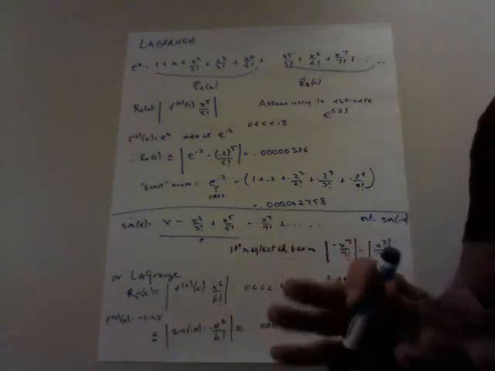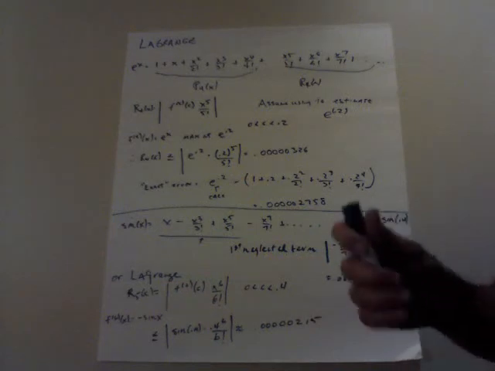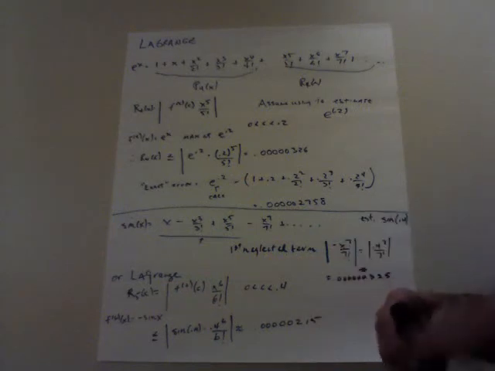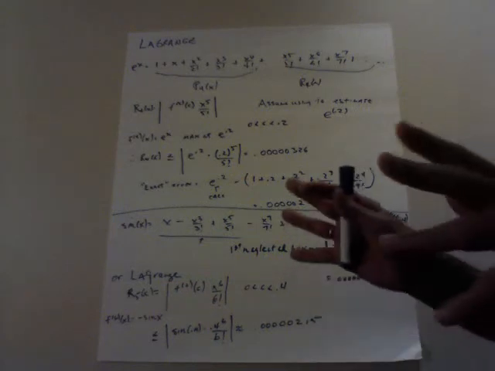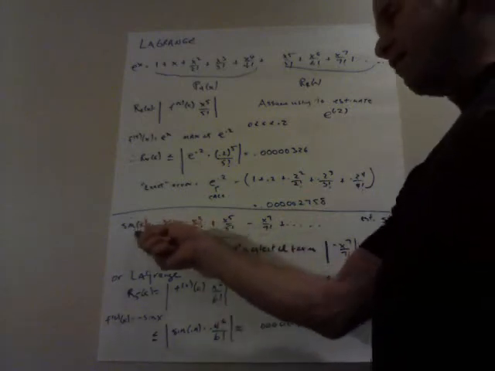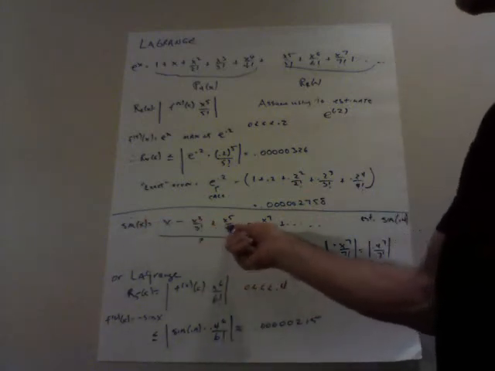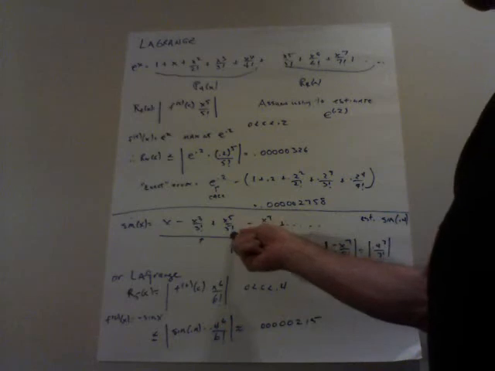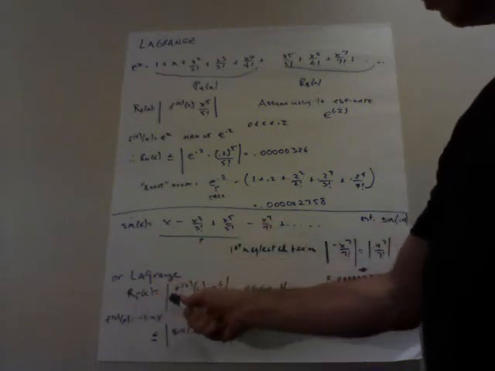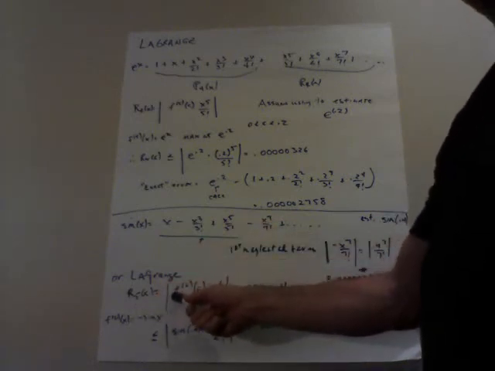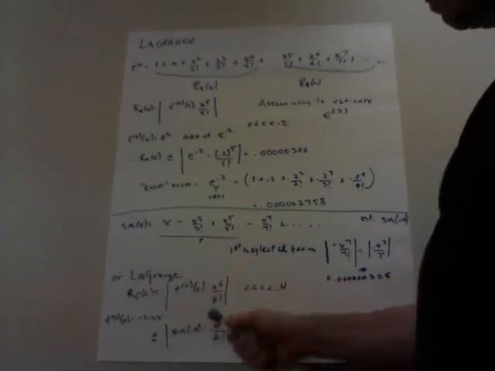Now you might want to shut your ears to this, but for those of you who are interested in nuance, when I have sine of x, I said I'm going to stop at the fifth. So the Lagrange error would be the sixth derivative at c.